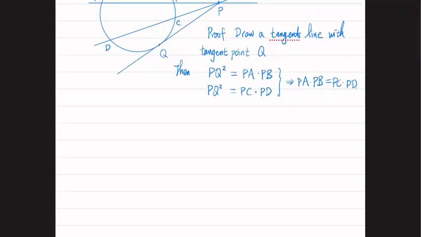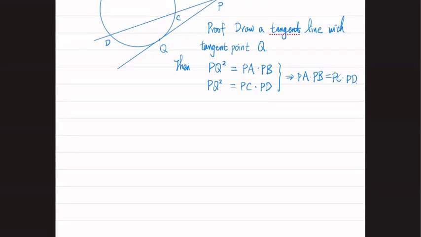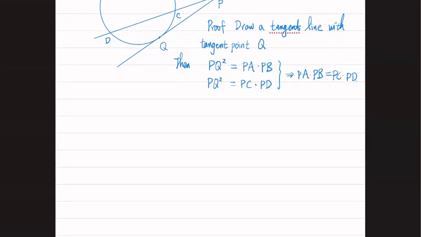Okay, so for these theorems, we use triangle theorems to prove circle theorems. Next, we're going to go the other way. We show that circles are also related to triangle theorems. Okay, for that purpose, we will consider a notion called concurrency.